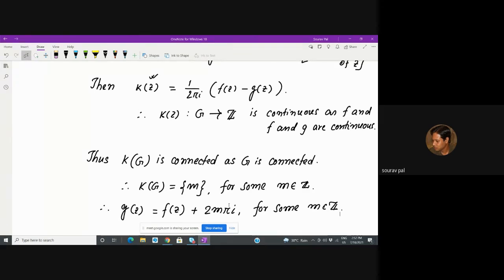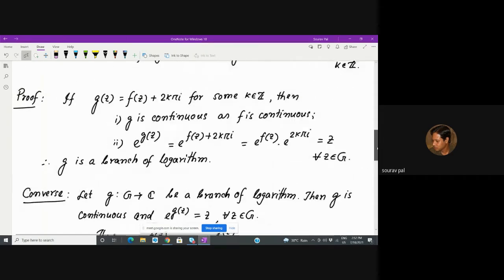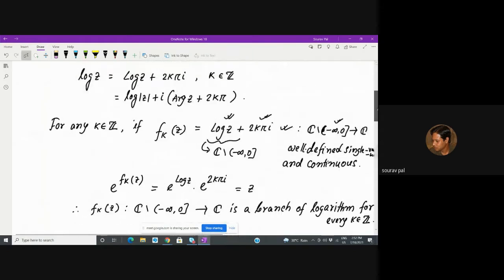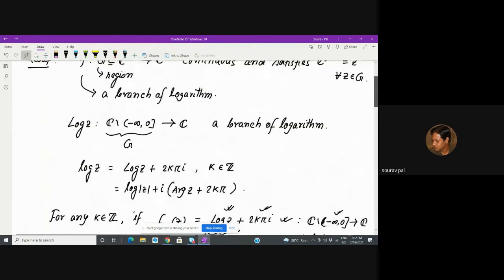So this theorem tells us if you have one branch of logarithm, you can express all branches of logarithm in terms of that. That is exactly what this theorem tells us. Like what we have seen in the previous example. We have one branch of logarithm here, which is the principal branch, provided our region is C minus the negative x-axis.